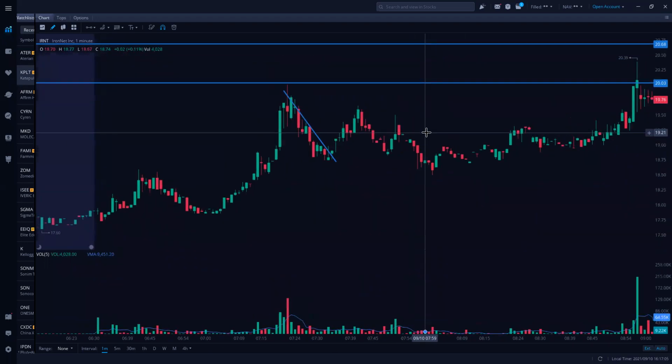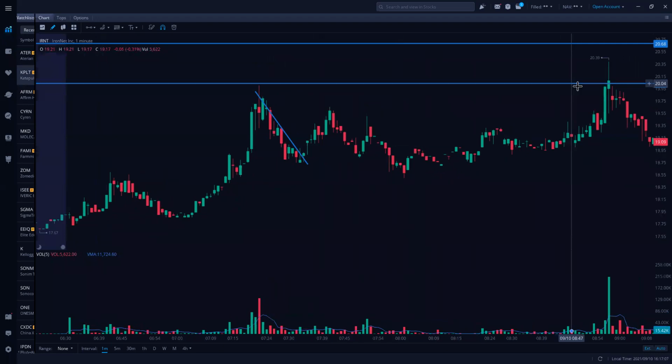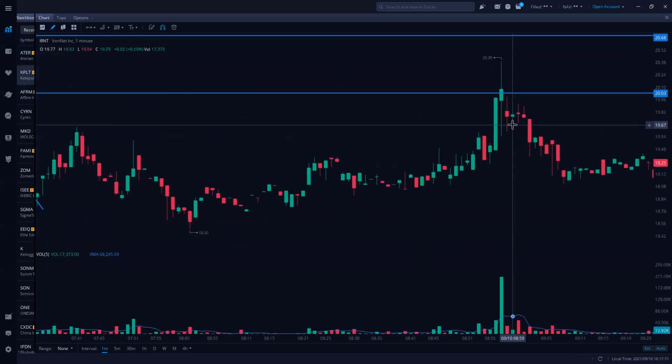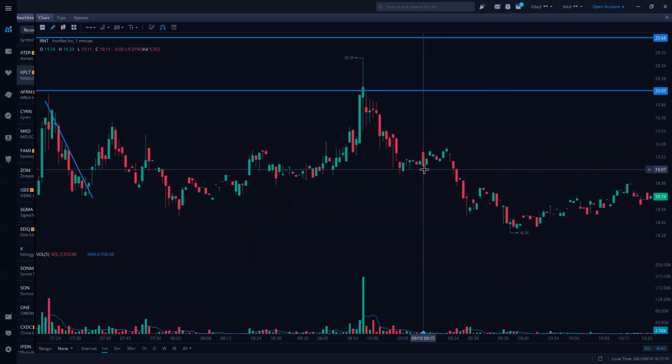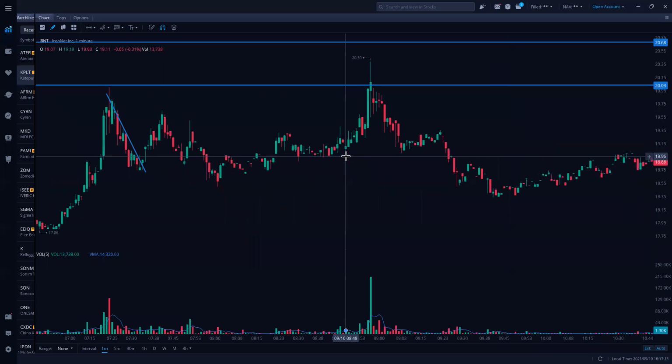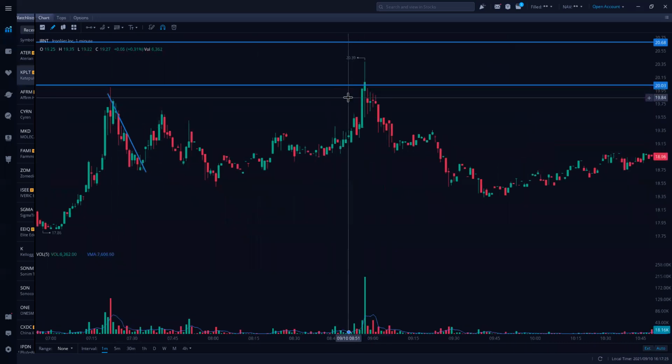But for the rest of the day, it tried to retest 20 again. It couldn't fully close above 20, and you can see the volume dried out here. Not everyone was into it. People were like, oh, it's done for the day. It tried to retest 20, couldn't break it. So 20 is very good resistance for the stock. It's a big psychological resistance, and it's been tested twice and it hasn't been broken.